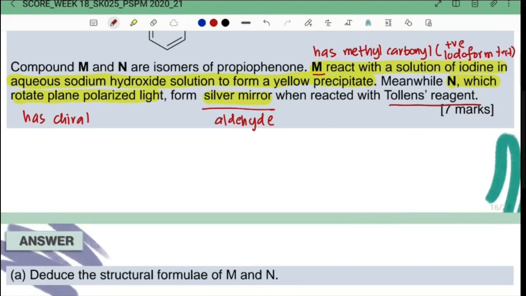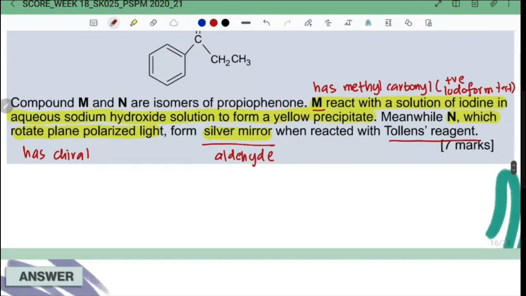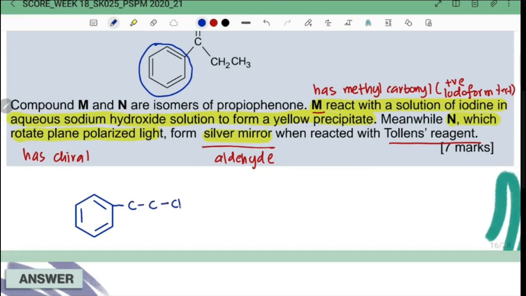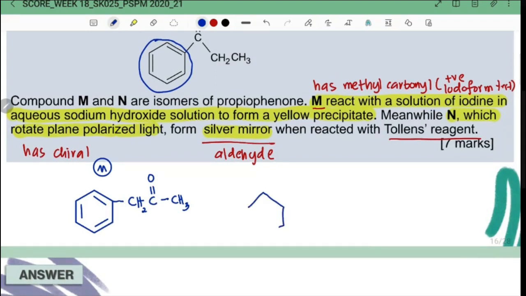So first of all, for M we have to draw it first. Do not open the benzene; the structure of benzene must remain. Do not break the benzene ring. This structure must be there. Okay, methyl carbonyl. So this is maybe the structure of M. While for the structure of N, it must be an aldehyde and have a chiral carbon.